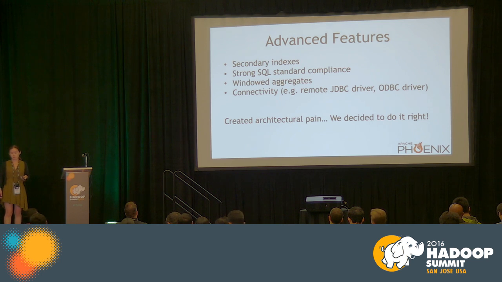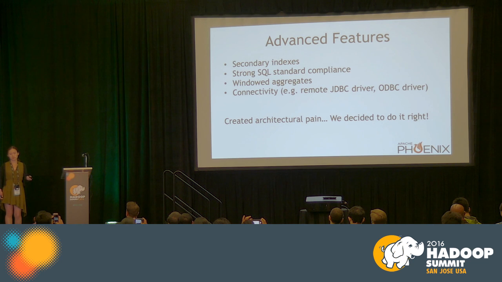And let's also look at the advanced features, which we either already have or are on our roadmap. We have 3 different types of secondary indexes: the global and local index, as well as the immutable index. And we've been working all along to achieve strong SQL language compliance.